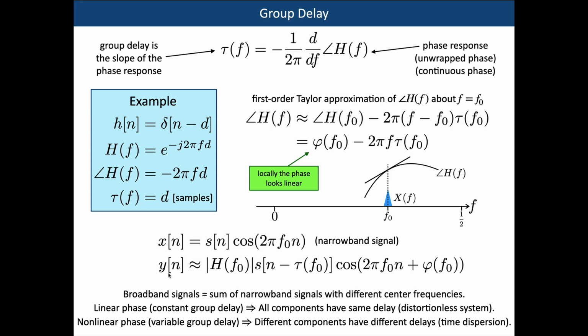The output of the system would be equal to, what happens is we modify the magnitude by the magnitude of the frequency response about the point f0, assuming it's approximately constant over the band of frequencies, so we can just evaluate at the center frequency. And then we have this envelope being delayed by the group delay at the frequency f0. And then we have the cosine piece, and its phase is modified by this constant from the Taylor expansion.